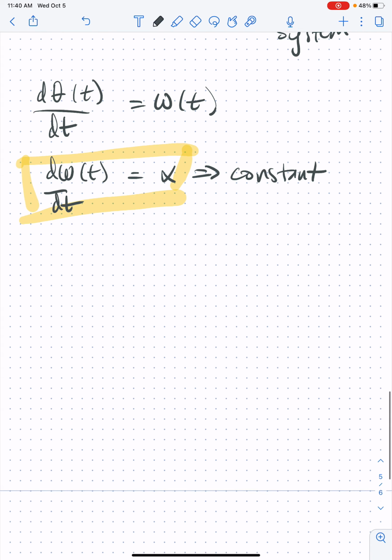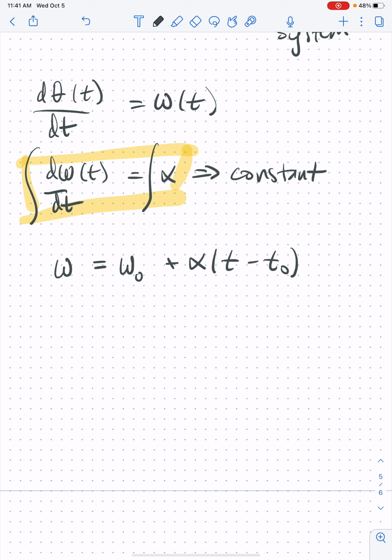So if we start with this equation and integrate both sides, then we have our first kinematic equation. We're going to find that omega is omega naught plus alpha times t minus t naught. I should have written t's here.